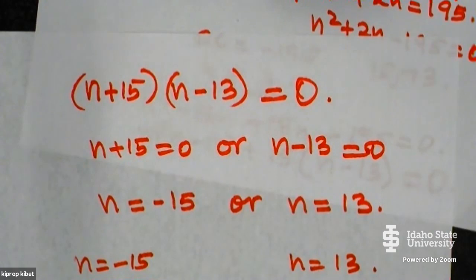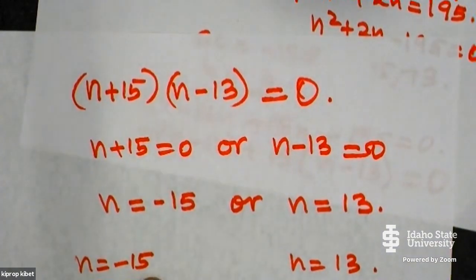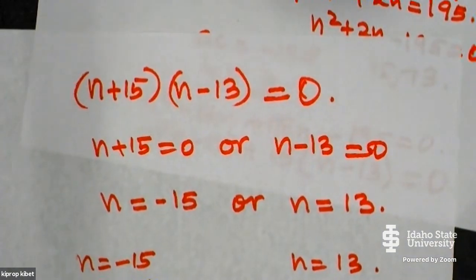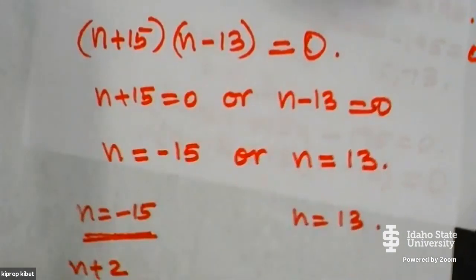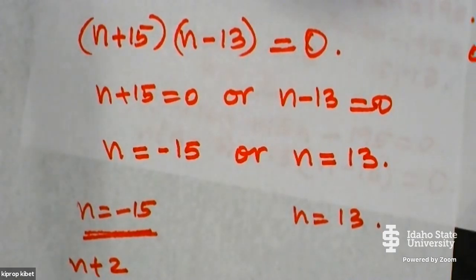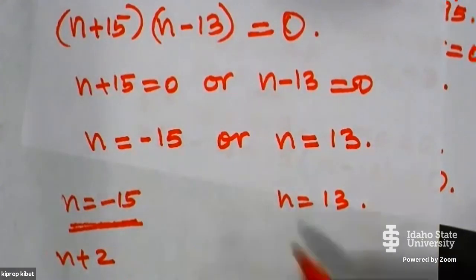So we had n plus 2 as our next number, and we have n as minus 15. So our next number there will be what? So it will be minus 15 plus what? Plus 2, which is equals to what? Negative 13.